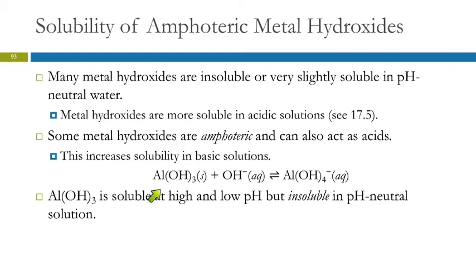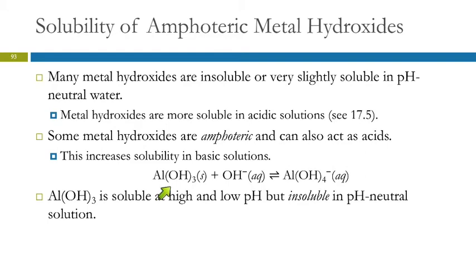So here's the aluminum hydroxide. It can actually act as an acid and accept the electron pair from the hydroxide ion to form this complex ion. So aluminum is really funny stuff because it's soluble at high pH and at low pH, but it's insoluble in the middle.